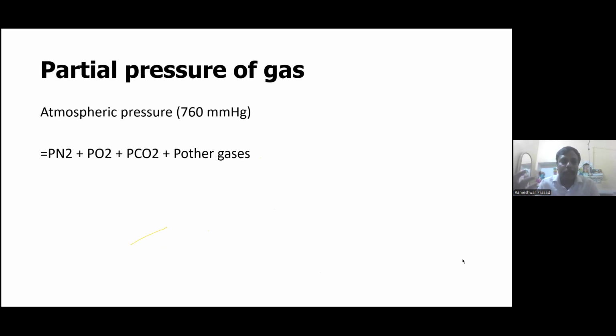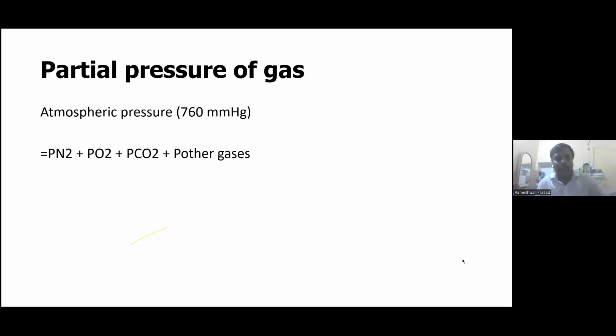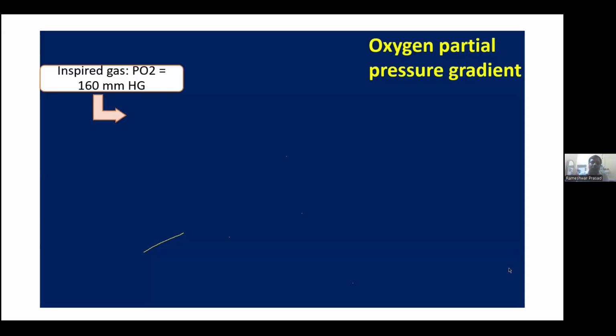This will give you the partial pressure of oxygen in air. What will be the result? Anyone can say? Yes, it is 159.6. So partial pressure of oxygen in dry air is 160 millimeter of mercury.